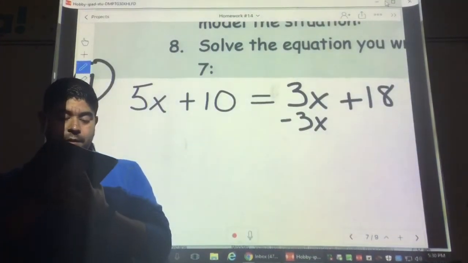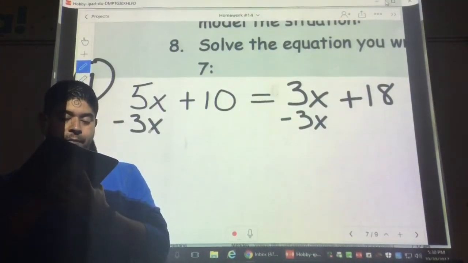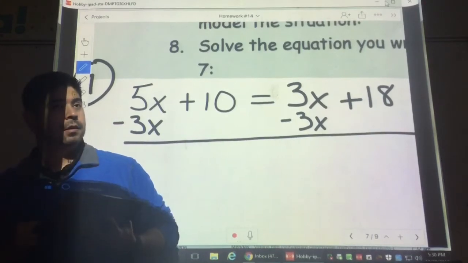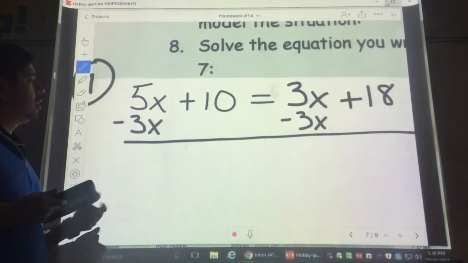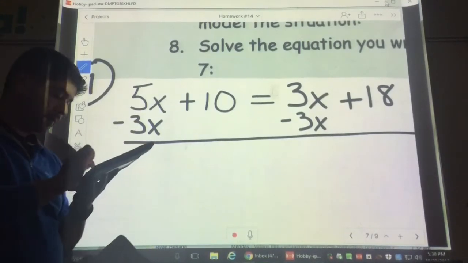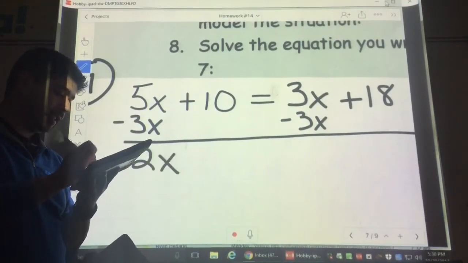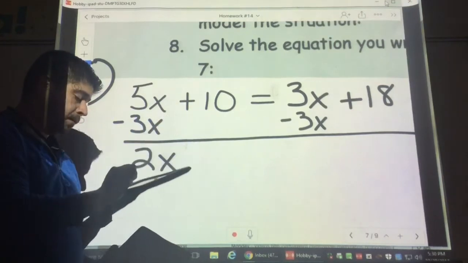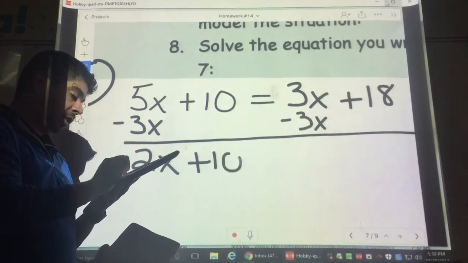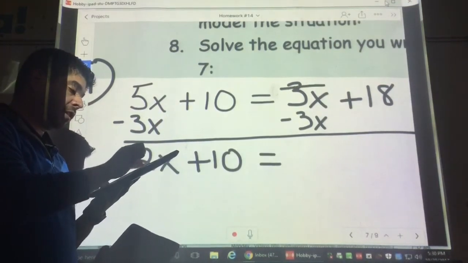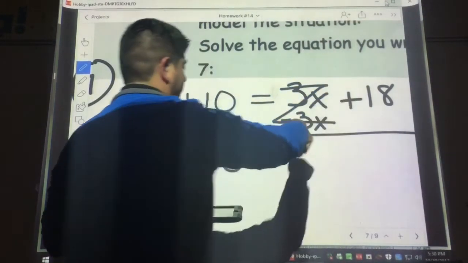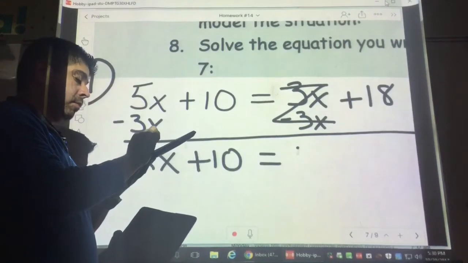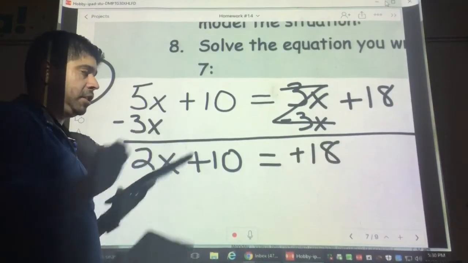So negative 3x, negative 3x. Draw my line. 5x minus 3x is 2x. The plus 10 comes down. Plus 10 equals, this is going to zero out, and then plus 18 needs to come down. You don't have to write the plus, you could just leave it as 18.